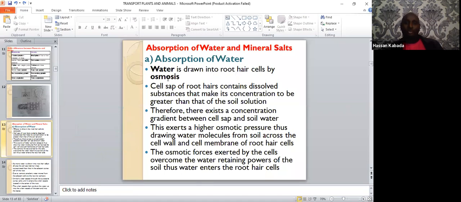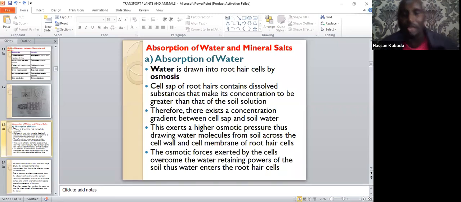Water molecules are absorbed by the root hair through osmosis. The cell sap, I'm just trying to repeat what I've said from that diagram. The cell sap of the root hair cells contains dissolved substances to make its concentration greater, that is hypertonic to the soil water. Then there exists a concentration gradient between the sap and the soil water, and this exerts higher osmotic pressure, drawing water molecules from the soil across the cell wall and the cell membrane into the cell.